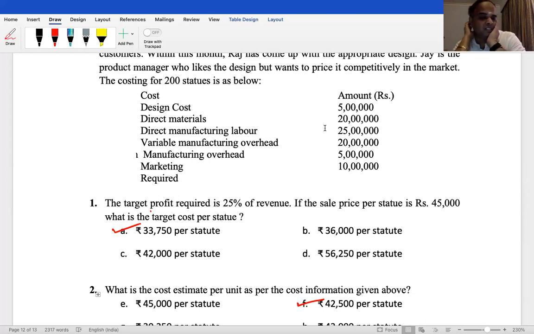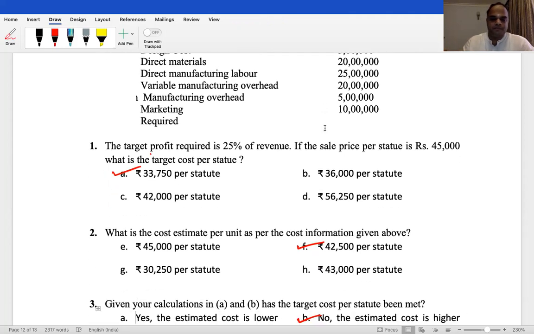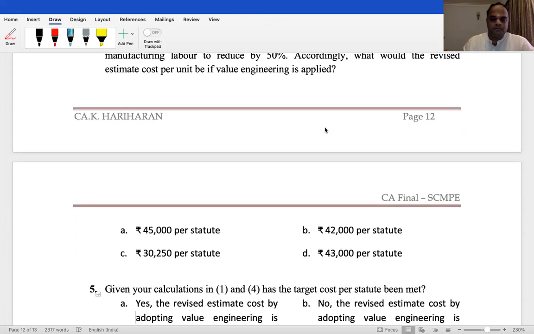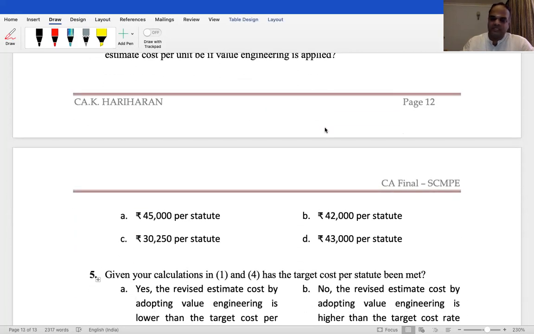How much is the revised estimated cost, Kanna? 30,250. The revised total cost is how much after adjusting the same? Okay, the answer is 30,250. Divided by 200 is equal to 30,250. Yes, C is the answer. The answer is that, right?